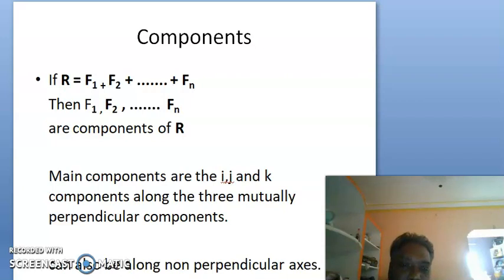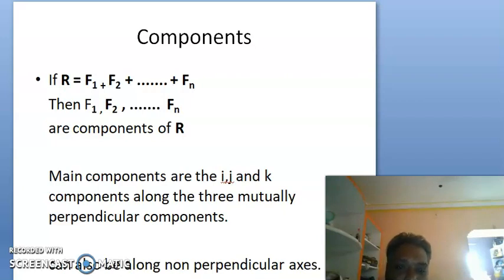So the main components that are along x, y and z directions, which are referred to as i, j and k components, which act along mutually perpendicular directions, are the components which are studied with greater importance.